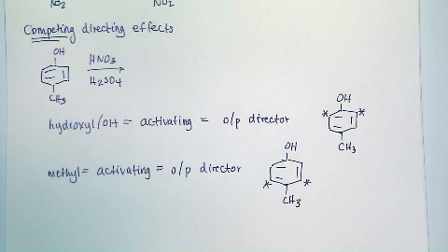So if we did this reaction, we would get two products. We would get ortho substituted and para substituted nitro group. And that is not our target molecule.